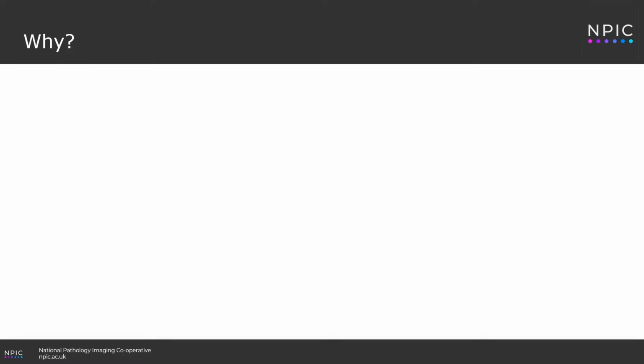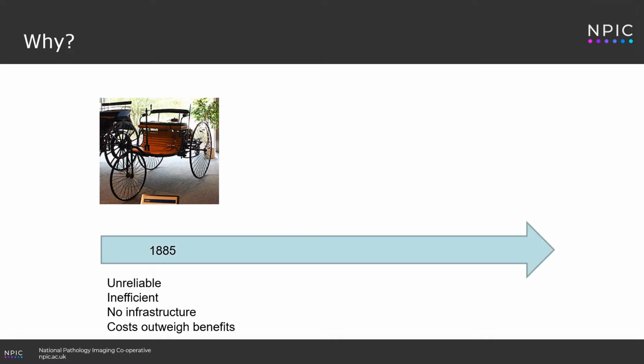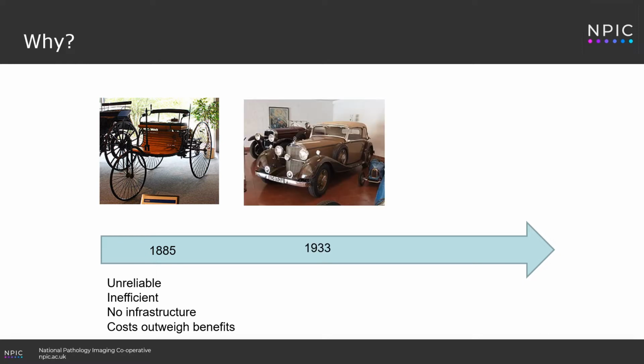And when we thought about this problem, we came up with an analogy that explained perhaps why digital pathology wasn't gaining the traction that it perhaps deserved. And the analogy was that of this horseless carriage, a new invention that could do away with the need to travel on horse. And as you can see, the early versions of these horseless carriages had drawbacks and limitations.